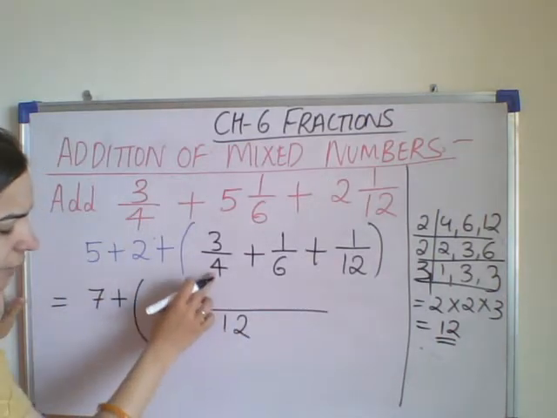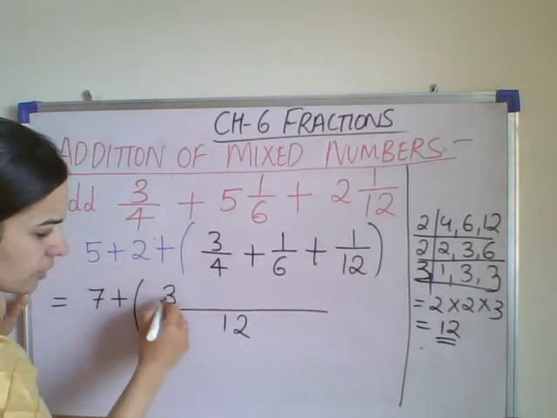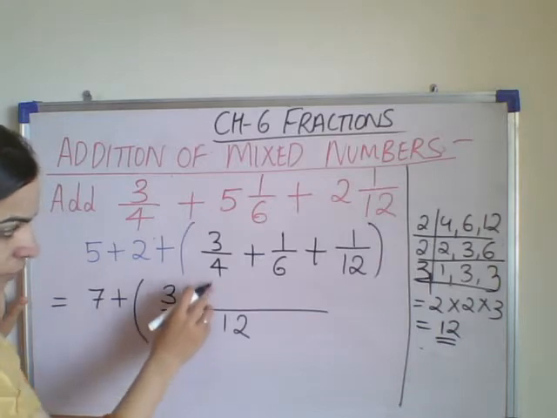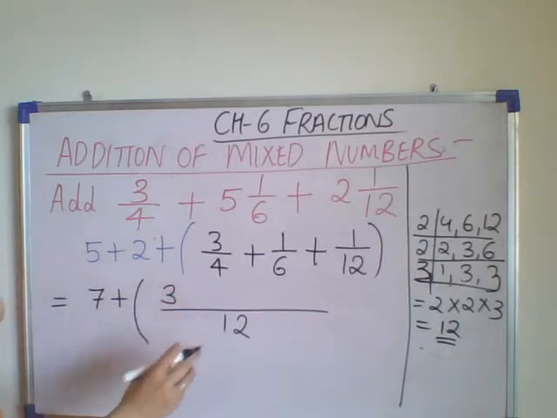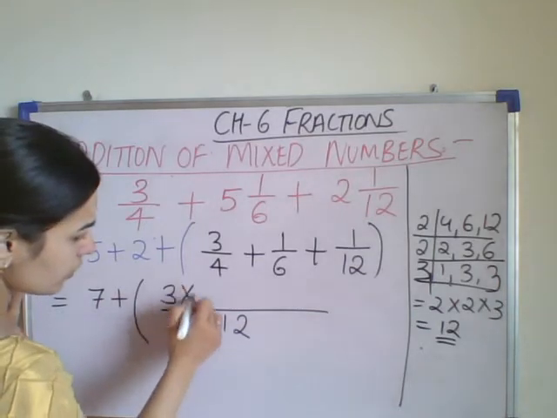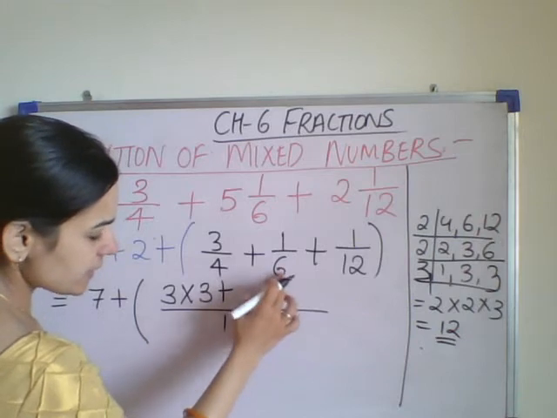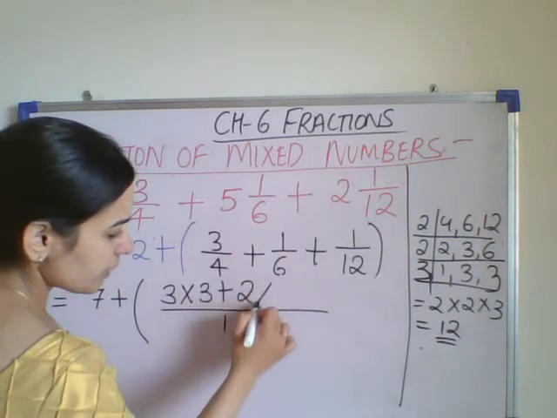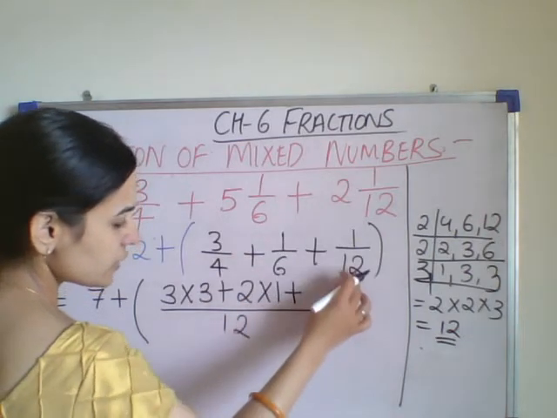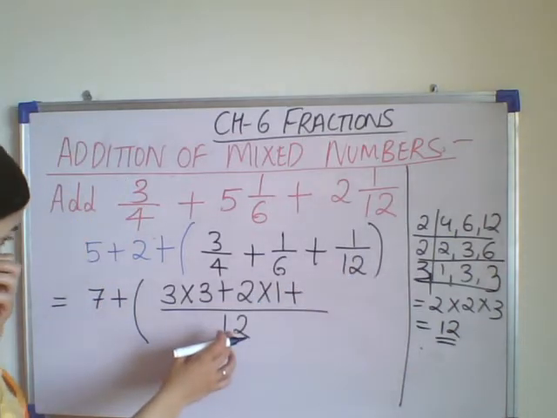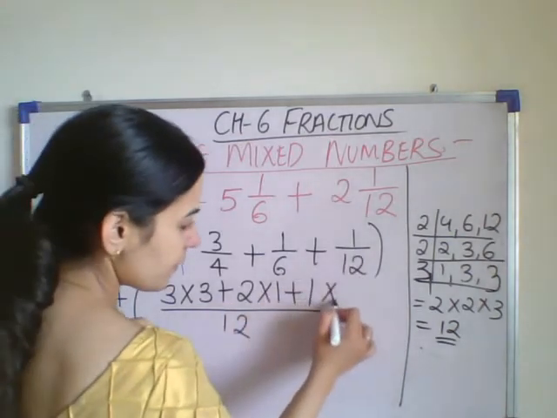So 12 divided by 4 is 3. Then you will multiply it with the numerator, plus 12 divided by 6 is 2. You will multiply it with the numerator, plus 12 divided by 12 is 1 multiplied by 1.